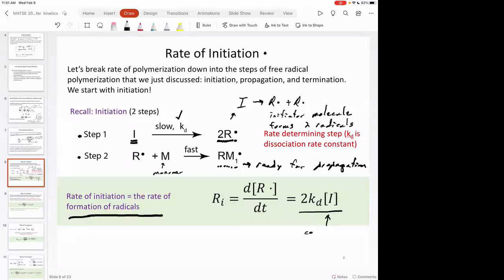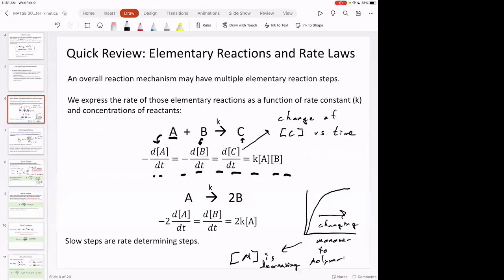And this is concentration of initiator molecules. We have the 2 there because remember, we get 2 fragments. And in this single arrow reaction, Kd is the dissociation constant because that's a rate constant for that reaction. So just like we wrote here, the rate constant K of the reaction of A and B to form C, the rate is dependent on the rate constant times the concentration of the reactants, right?